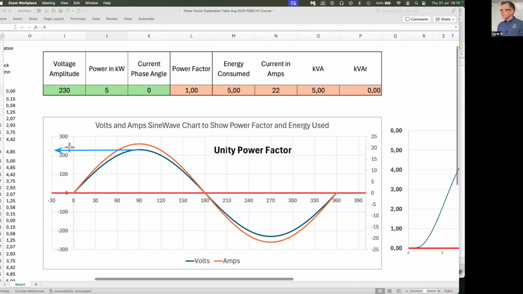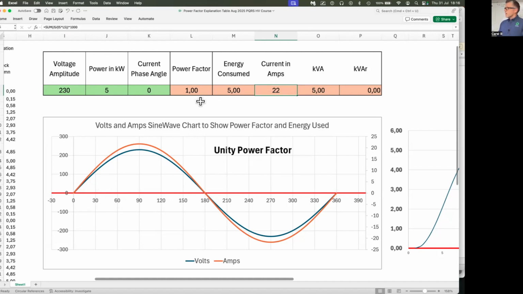So we've got the voltage of 230 volts sitting there, and we've got the amps sitting over there. Now, what I want you to have a look at that is interesting is, kilowatts is equal to volts times amps. We've got in our table volts there, and we've got amps sitting over there.